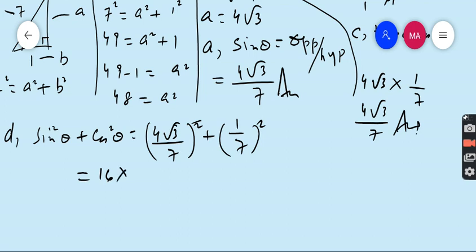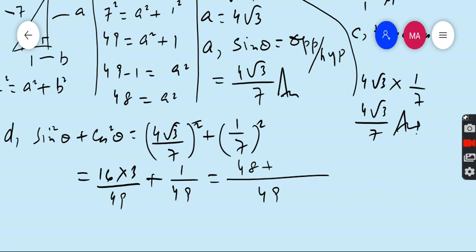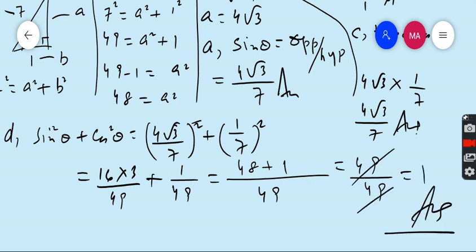Square and root cancel. 3 upon 7 square, 7 square is 49. Plus 1 square is 1, 7 square is 49. Take the LCM of 49. 16 3s are 48. 48 plus 1 is 49. 49 upon 49 is 1. So 1 is the final answer. Okay, this is part D.